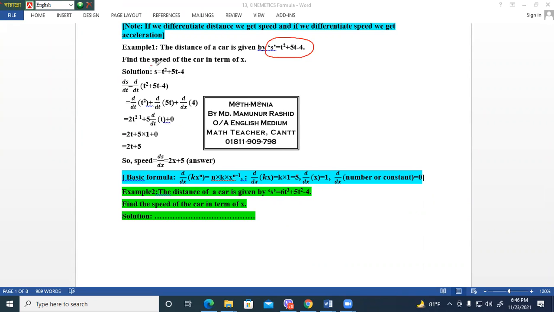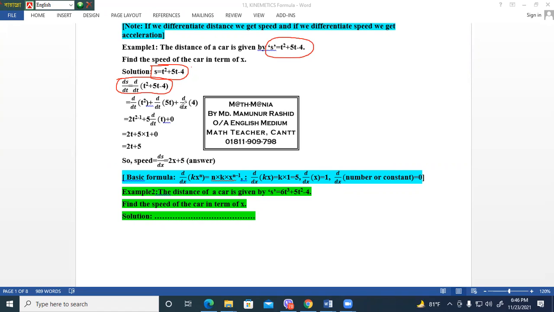We have to find the speed. This part is given, s equals t square plus 5t minus 4. So if we need to find the speed, we have to differentiate it. That's why d by dt on both sides. Then what is the result?